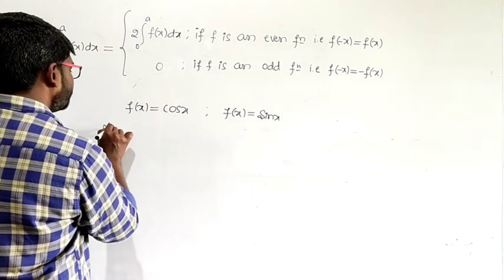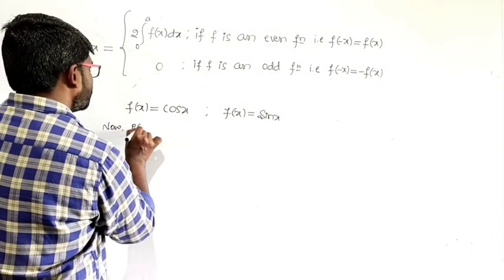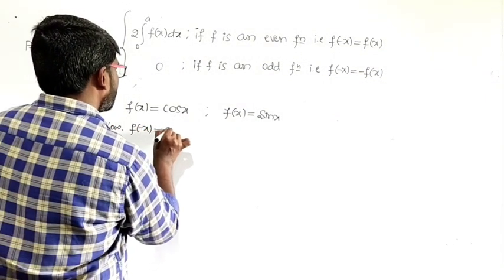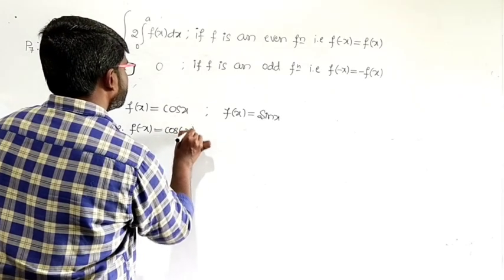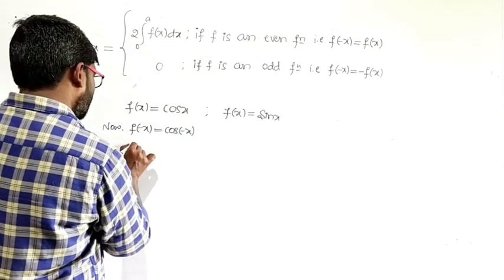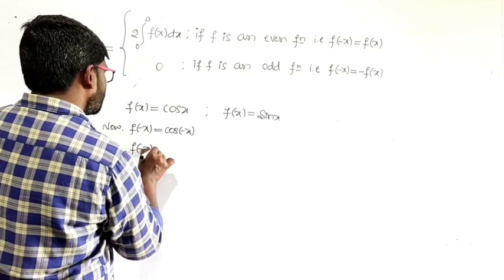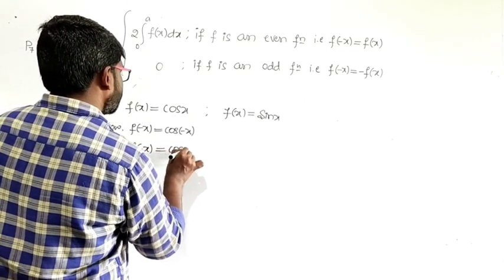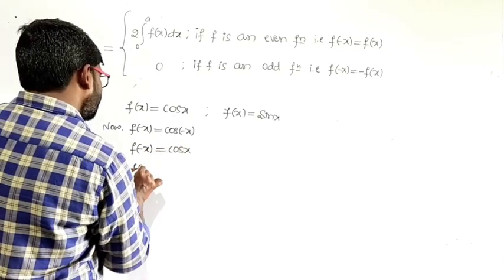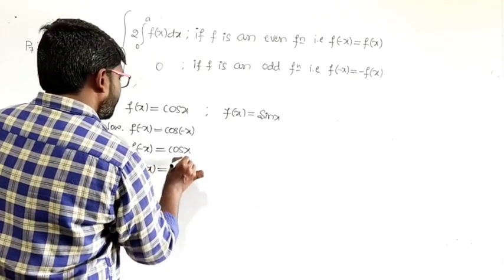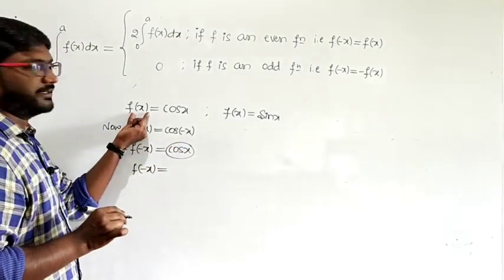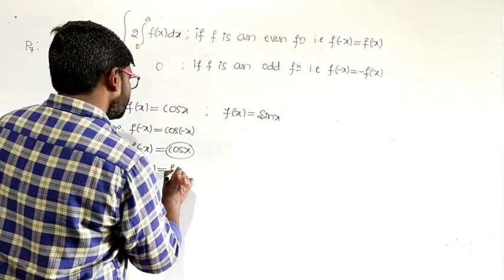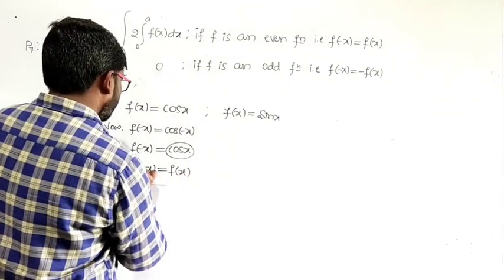Now f of minus x equals cos of minus x, which is always cos x. Now in place of cos x I can write f of x. It is f of x.